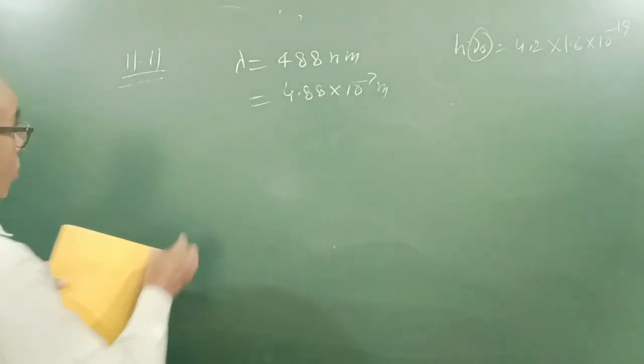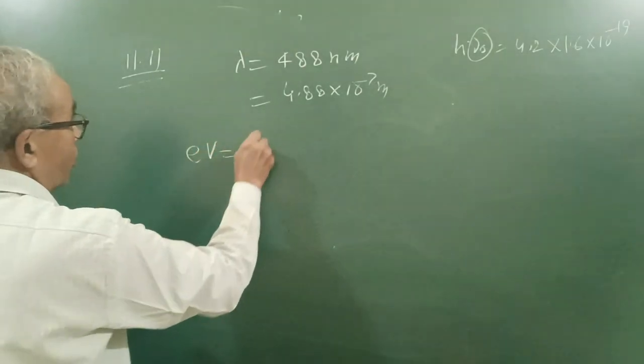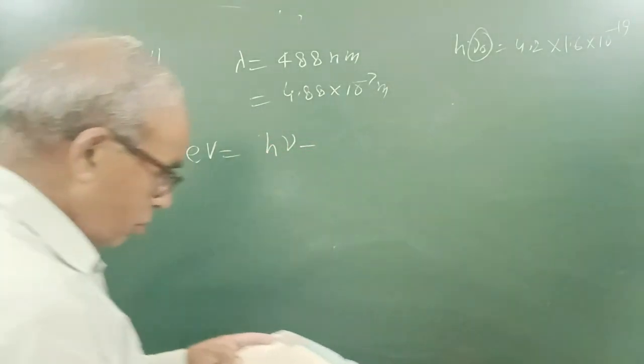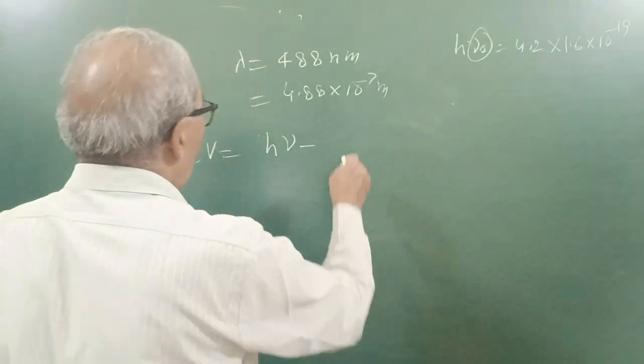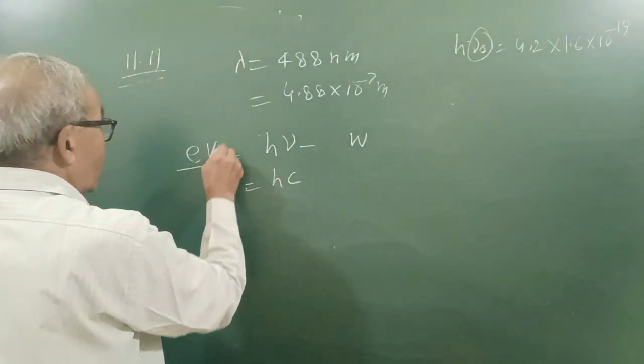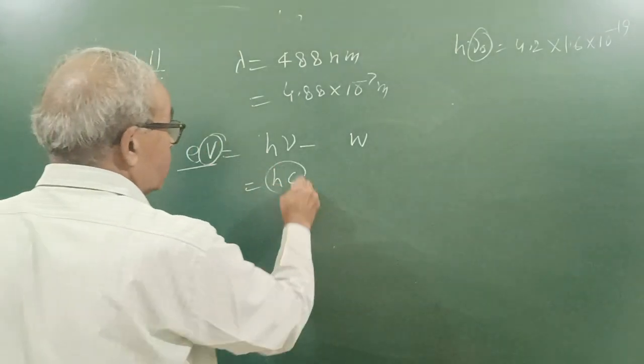You are given the cutoff potential. So eV equals h nu minus W, where h nu is hc upon lambda. You are given the voltage, so find out this separately.